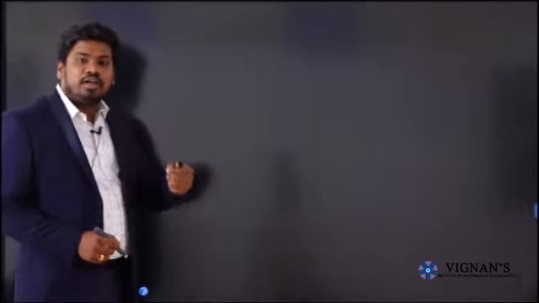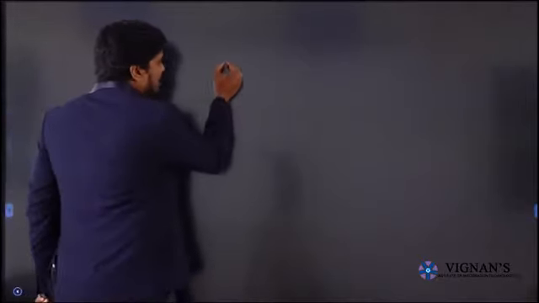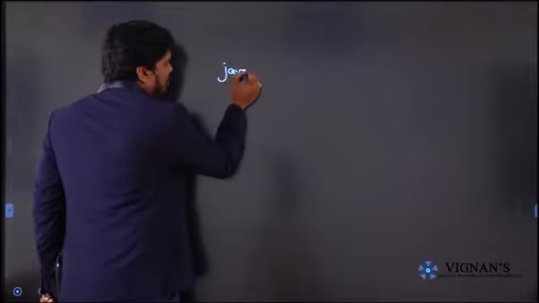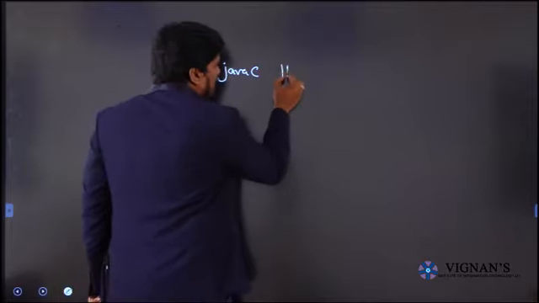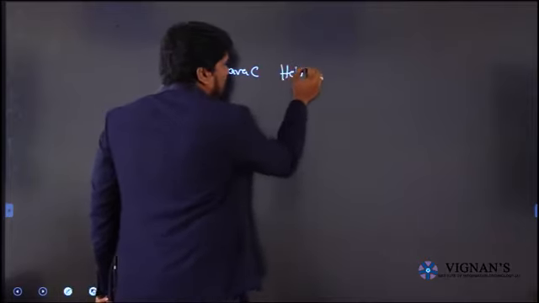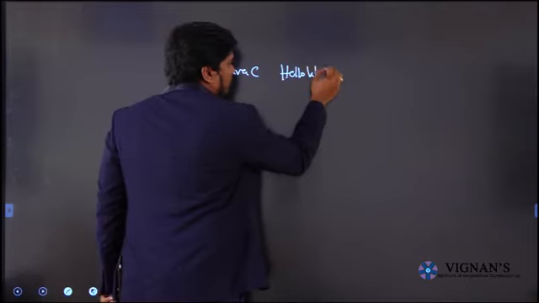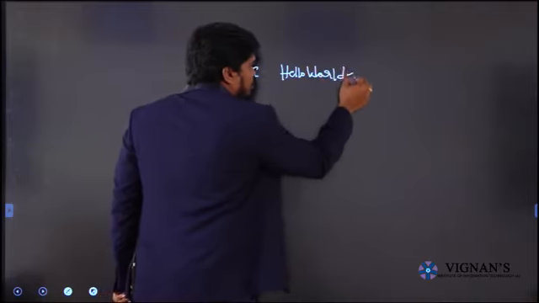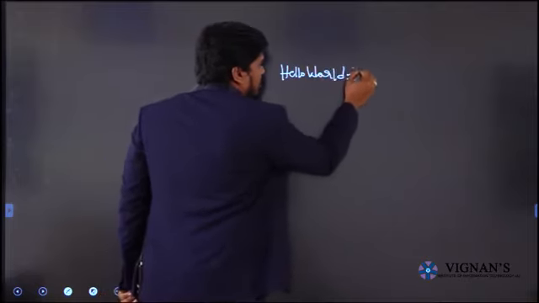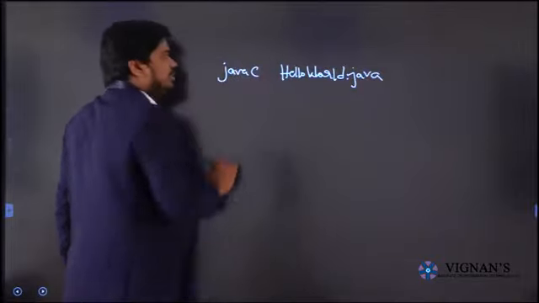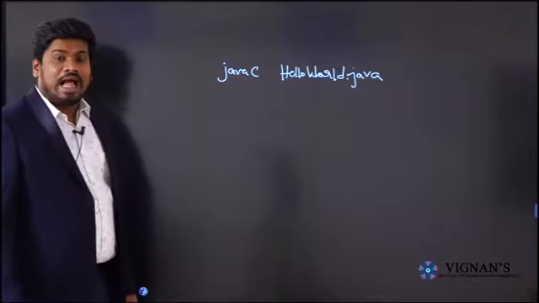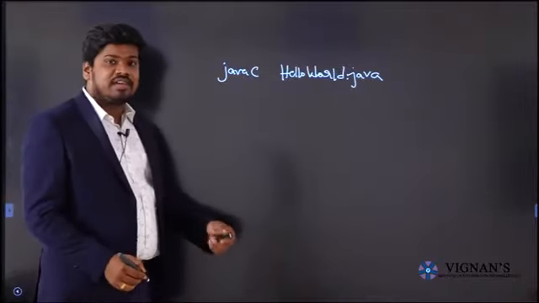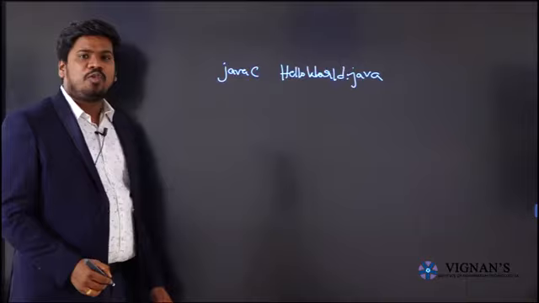If I want to compile my Java program, first of all I'll write javac, the Java compiler, and the name of my program, HelloWorld.java. This is the line I have to give in my command prompt. I am saying, hey Java compiler, compile my HelloWorld Java program.